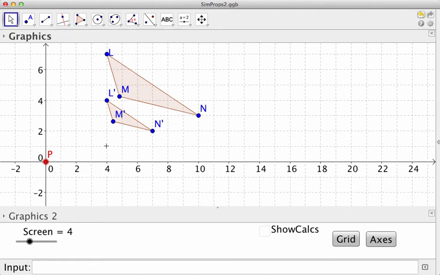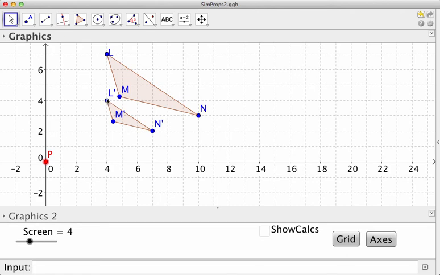Your scale of dilation will come from figuring out the ratio of the distance of the center of dilation to L prime divided by the distance of the center of dilation to L. That will give you your scale of dilation.